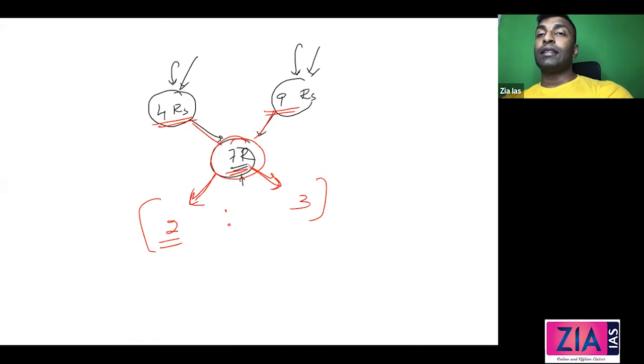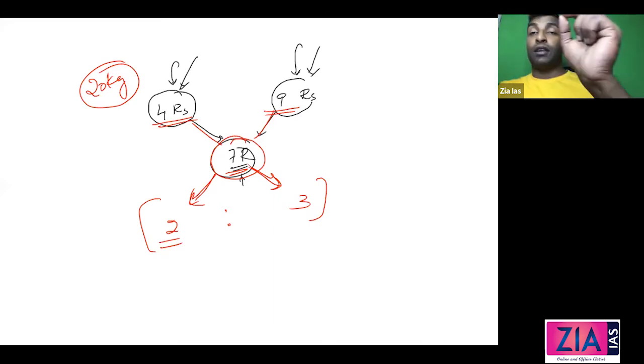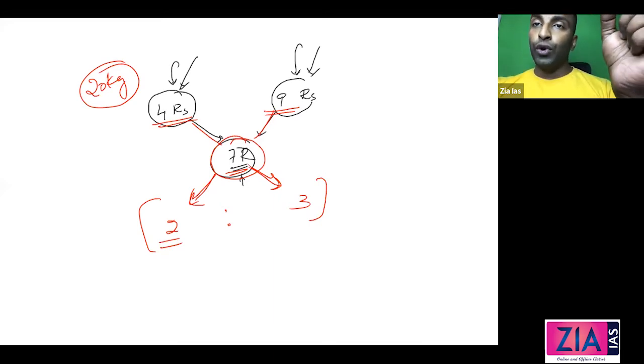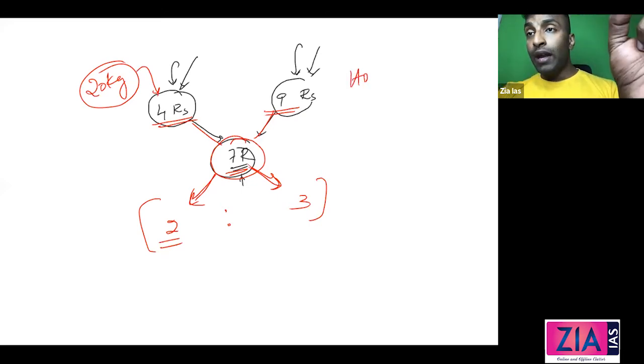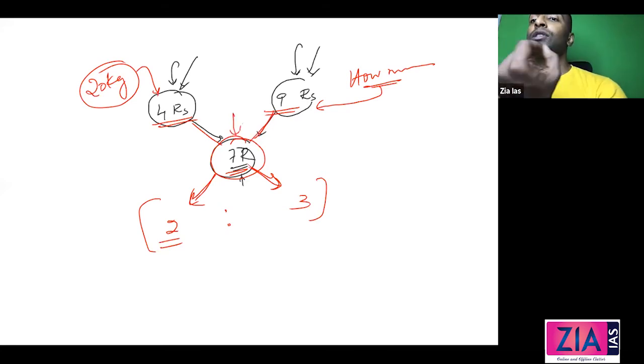Let's say this is 20 kg. This is how they frame the question, guys. Imagine 20 kilograms of rice which costs 4 rupees has to be mixed with how much rice which costs 9 rupees, such that the mixture will cost 7 rupees.